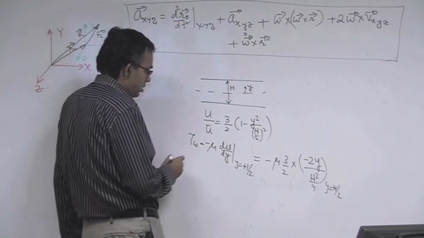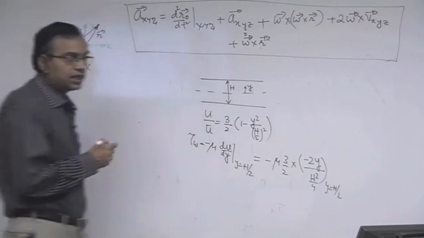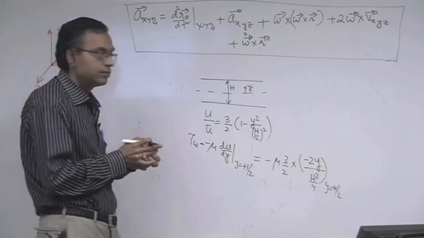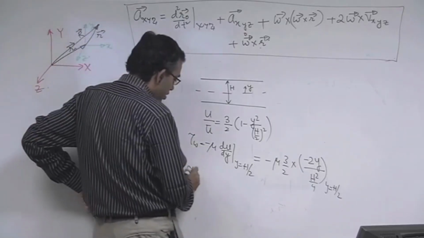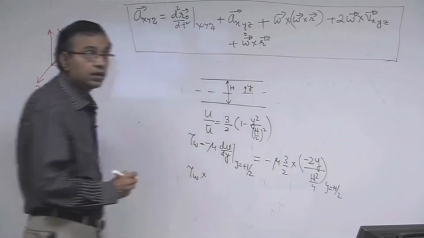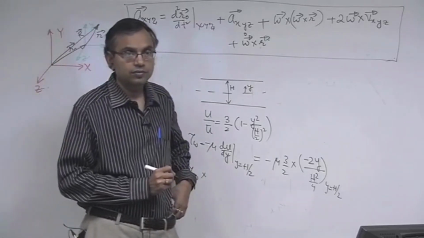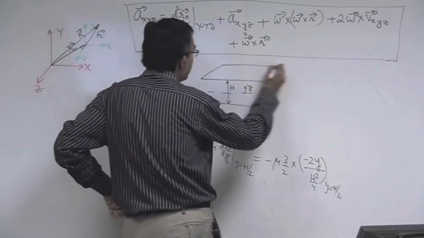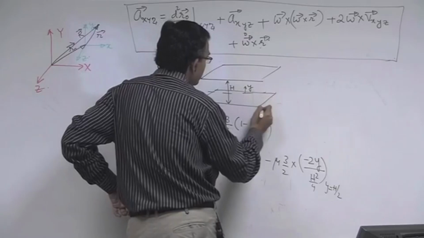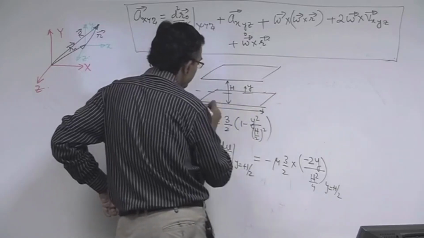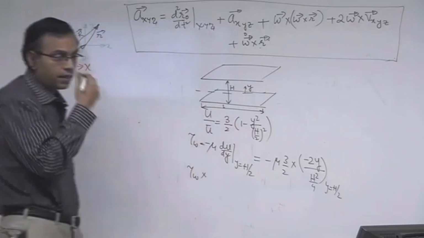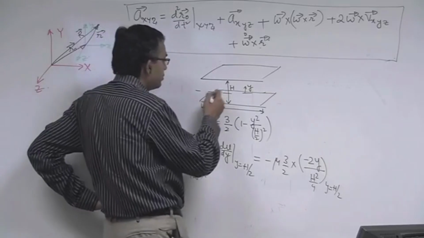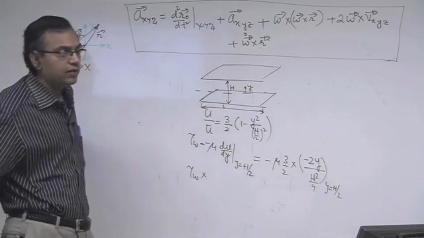Then what is the drag force on the length L? Tau wall into, so let us say that this plate is of length L. So on this plate, what is the drag force?